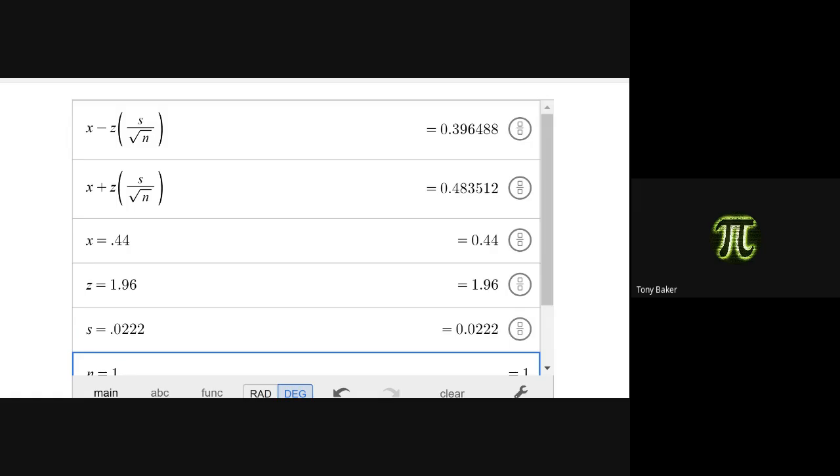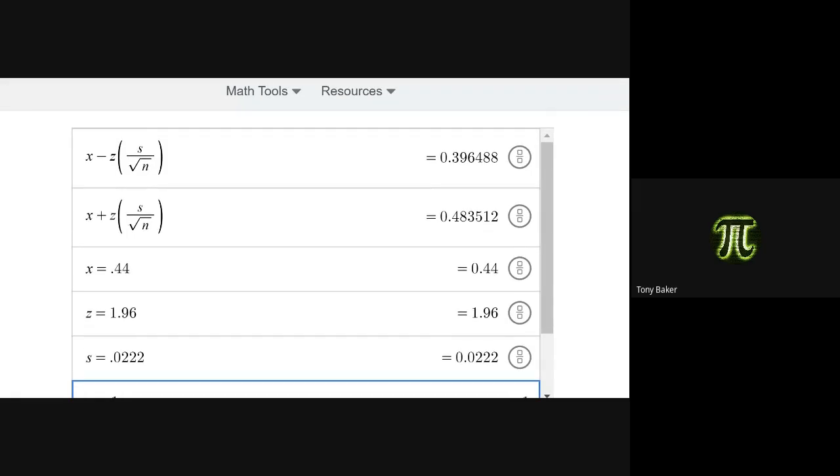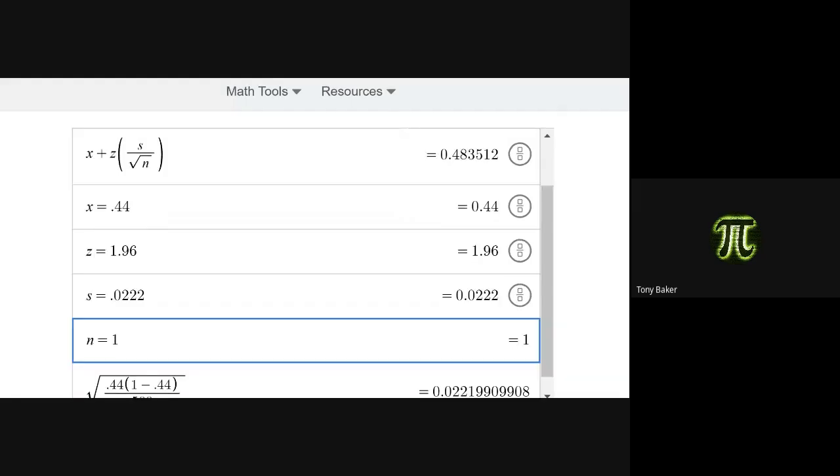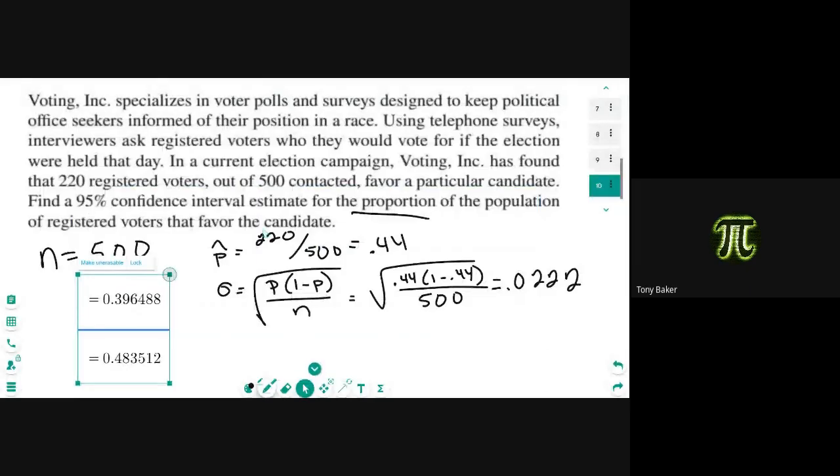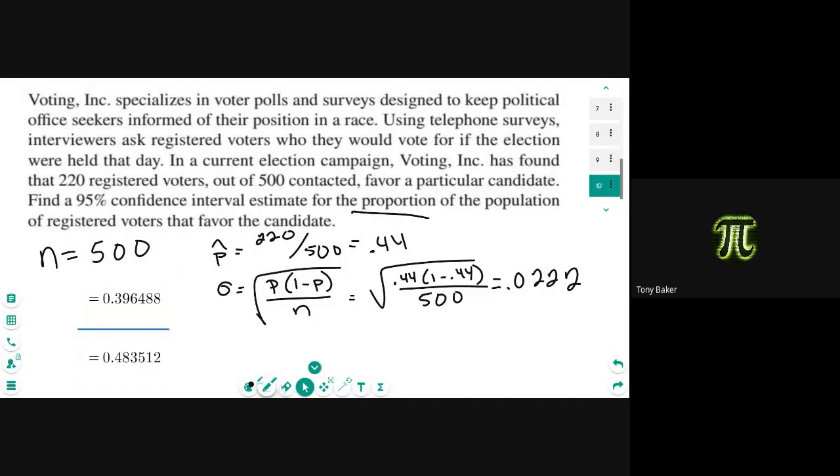Makes life a little bit easier. Just little things to help use your time effectively. So the actual proportion is somewhere between 0.396 and 0.484.